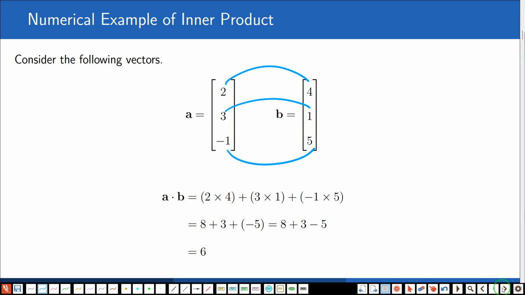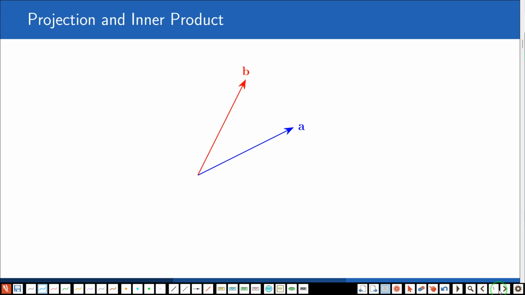The inner product can also be defined using projection. Assume that we have two vectors a and b. One way to compute the inner product between them is to draw a line perpendicular to the vector a, and find the projection of vector b on vector a, which is a number.